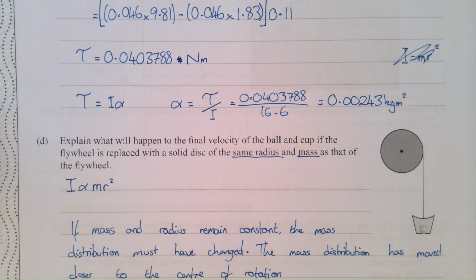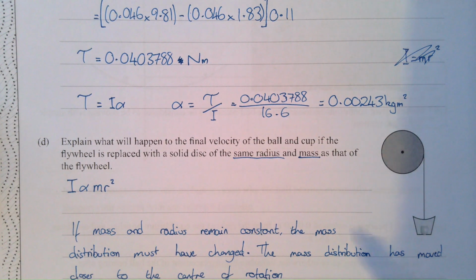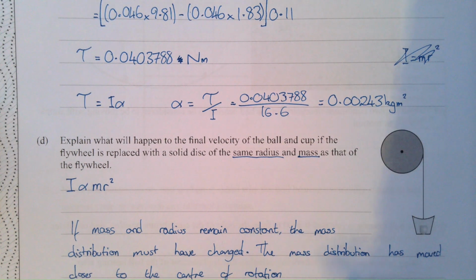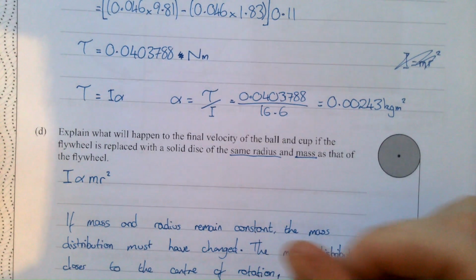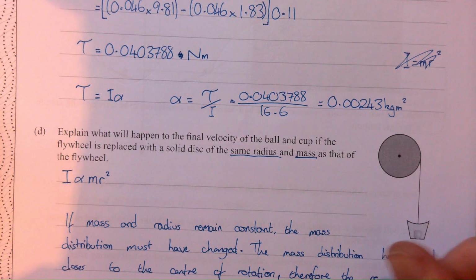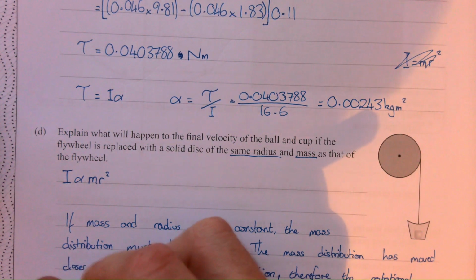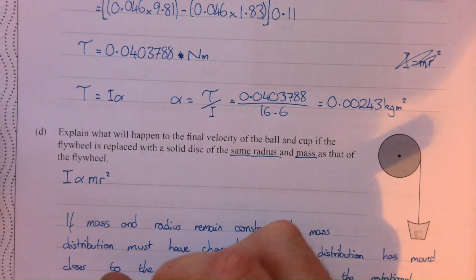But if you are compacting the system, then your I is getting smaller. The mass distribution has moved closer to the centre of rotation, therefore the rotational inertia will have decreased.